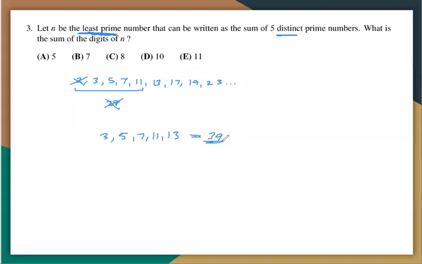But 39 is not a prime number, so that means we are going to get something larger than that, like 41 or 43, maybe even 47, if this doesn't work out with any of these. So the goal is to see if this is possible with 41. But to get 41, this number should increase by 2.